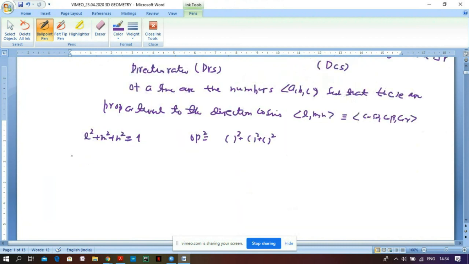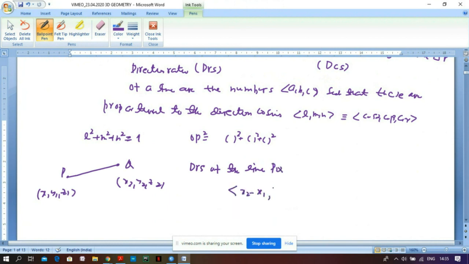Next, if there are points P and Q with coordinates x1, y1, z1 and x2, y2, z2, two points in 3D space, and I join P and Q, then the direction ratios of the line PQ are given by x2 minus x1, y2 minus y1, and z2 minus z1.